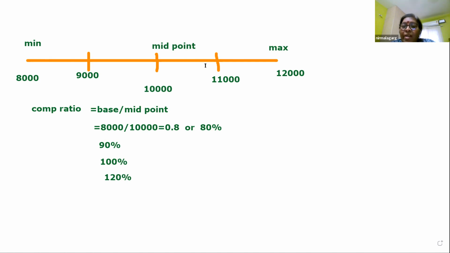I will not recruit them at a higher comp ratio. Even if there's high pressure, I will never bring them in at 110% or 120%. Why? Because if I bring a person in at 110 or 120, quickly I have to promote him, or he will be sitting there without any increment. So there is a recruitment policy.